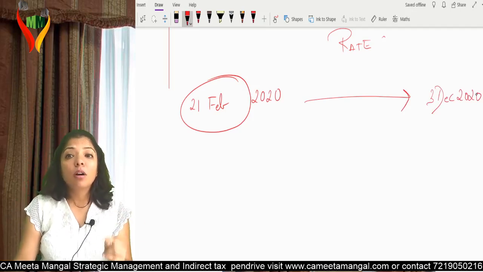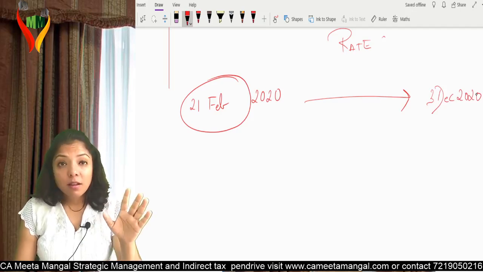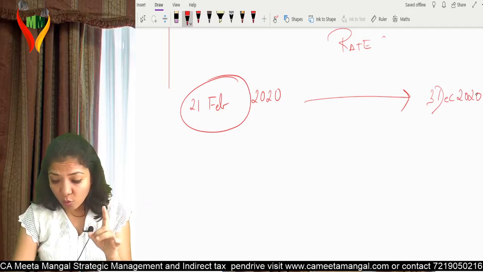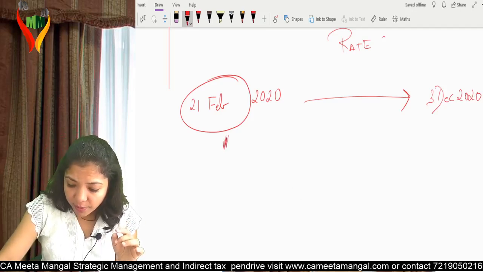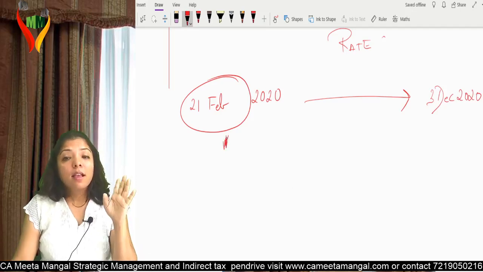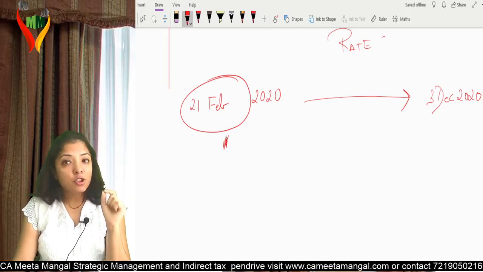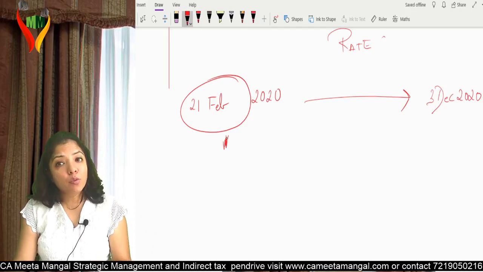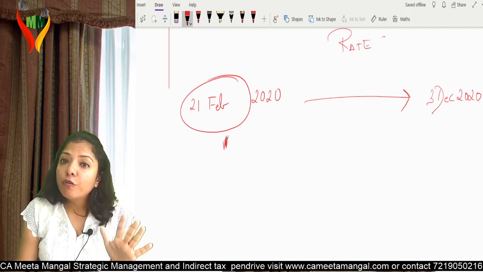So now how many quarters have you used? Jan, Feb, March is one quarter. Though you have used it for only a few days in February, it counts as a quarter. April, May, June is another quarter. July, August, September is the third quarter. October, November, December is the fourth quarter.